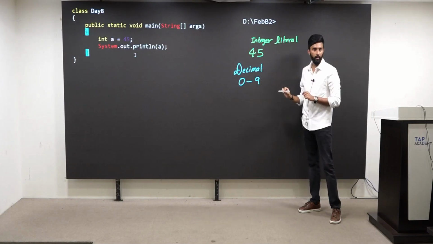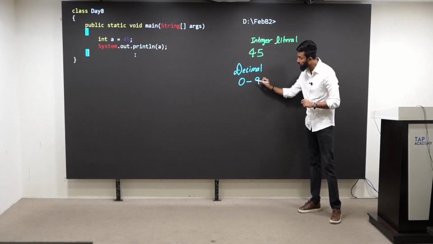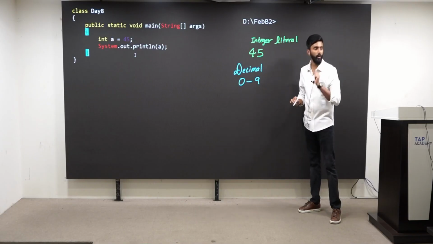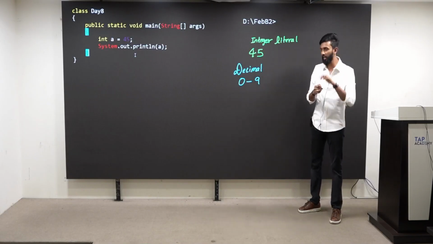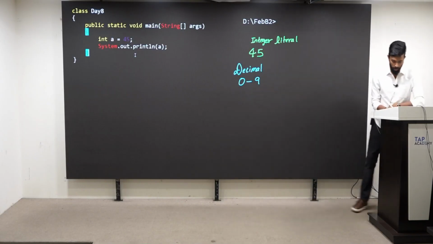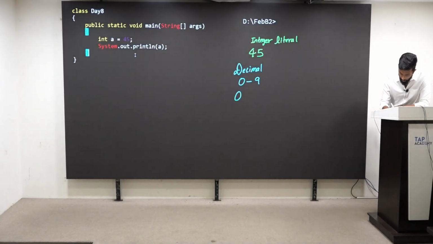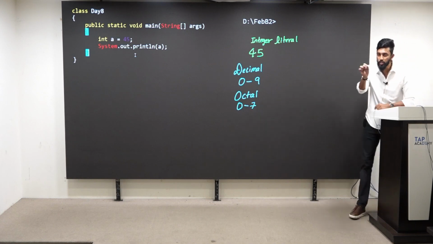So, whenever you print an integer, Java will always print it in which number system? Decimal. But there are other number systems in this world, which we don't use every day, but they exist. Example, there is one more number system called octal, which basically says, you represent every number using only 8 digits between 0 to 7.